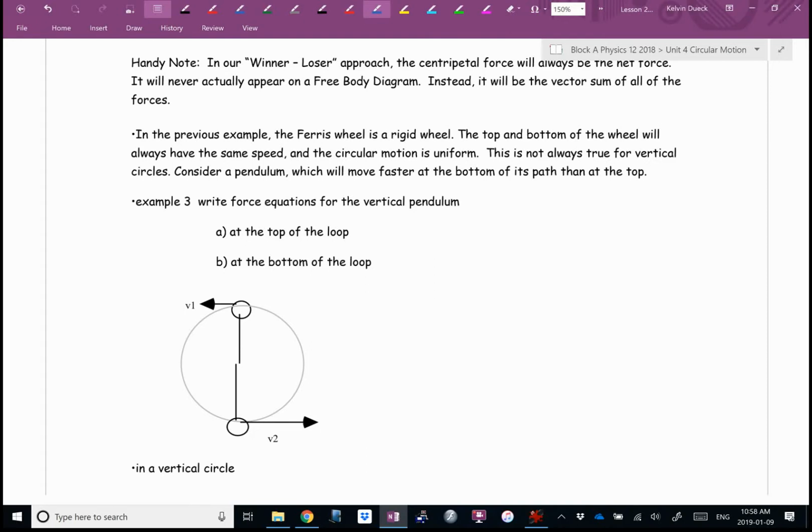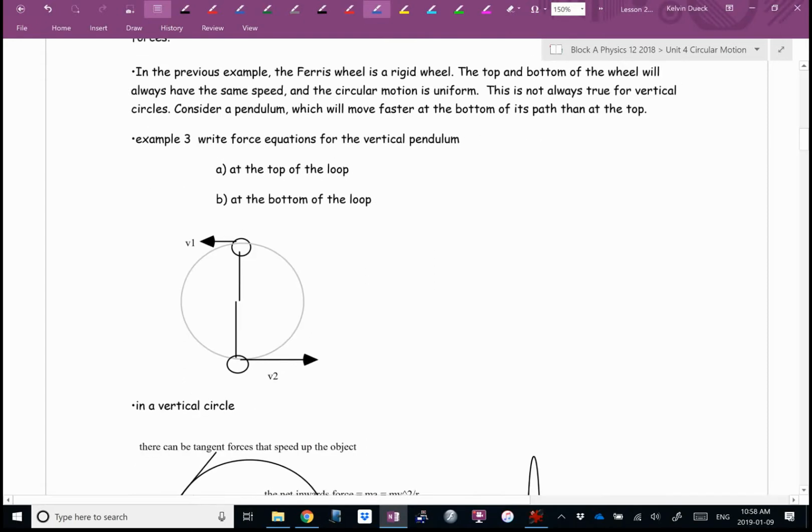So example 3 says, write force equations for the vertical pendulum at the top and at the bottom. Let's do the bottom first. What are the forces acting at the bottom? Get the obvious one. mg down. What path is this pendulum tracing out?